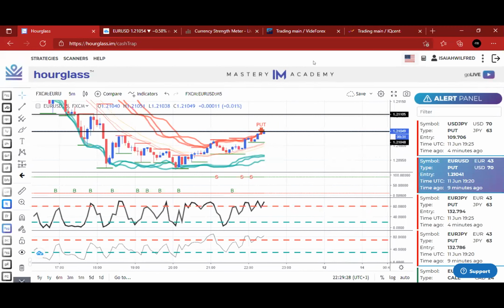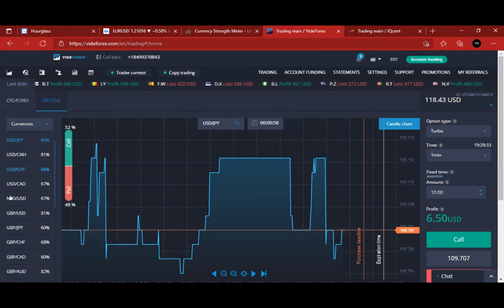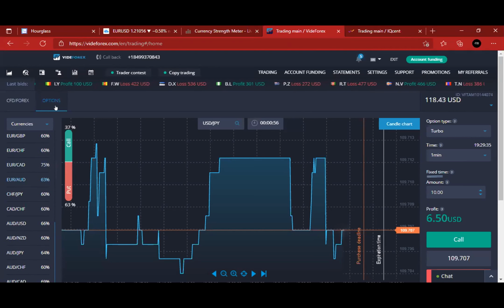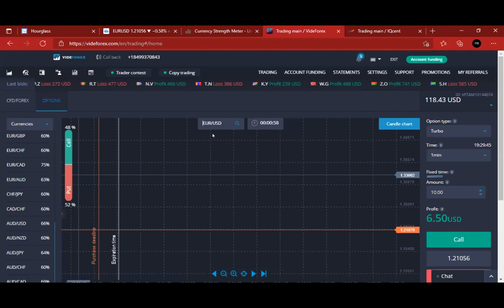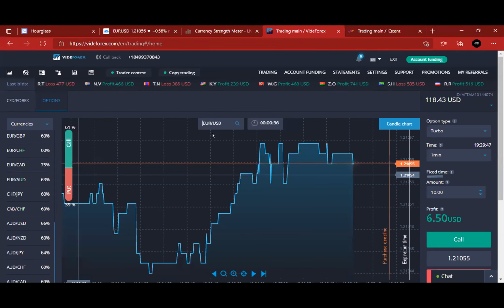So let's say, for an example, I logged into the broker. This is actually Vite Forex. Whether you're using Vite Forex, IQ Sense, race options, whatever broker you're using, the prices on Hourglass are always different from the prices you have on your broker.